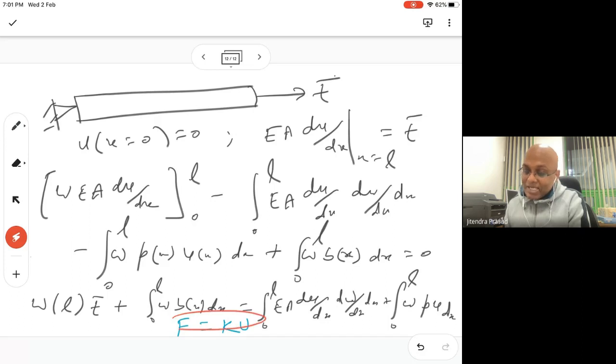Then we can make a connection with chapter 2. So far we have not made a connection with chapter 2, where we had F equal to KU. So we will make that connection this week, and if not, then next week certainly.